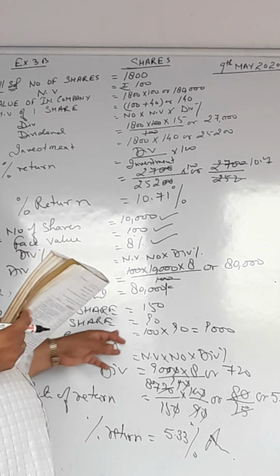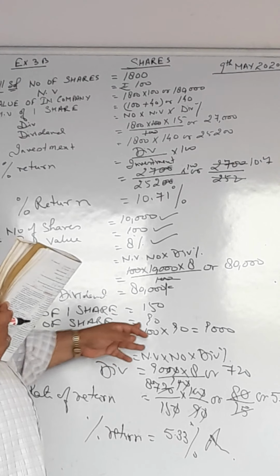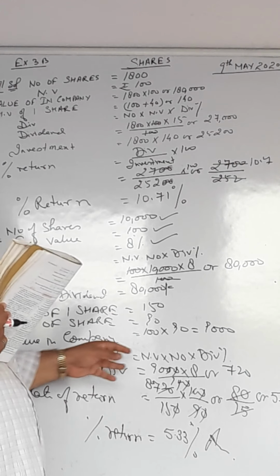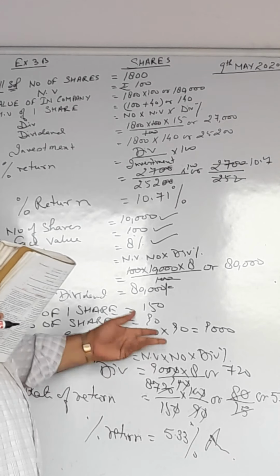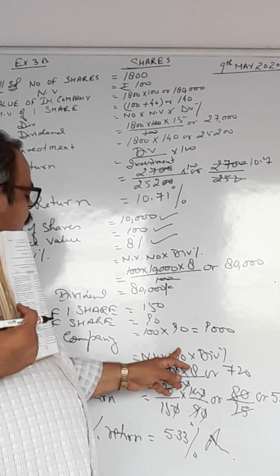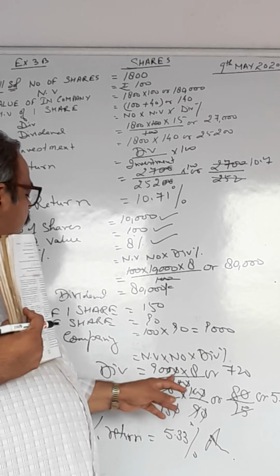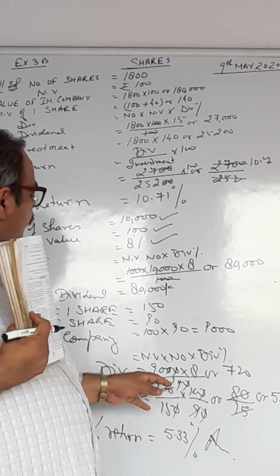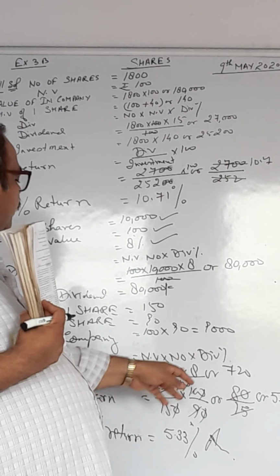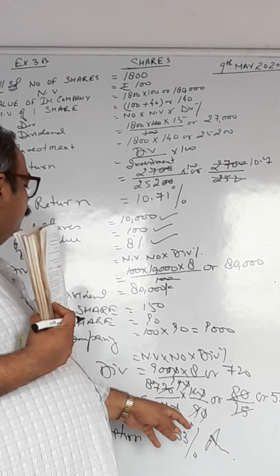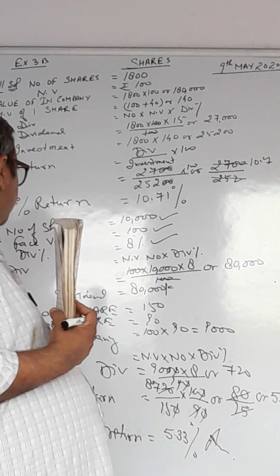Market value is 150, number of shares 90, value in the company 100, initial value was 100 only. So 100 into 90, 9,000 in the company. Dividend: nominal value, number of shares into dividend percent. Nominal, what he has made in the company, 9,000, dividend percent 8, calculating it was found to be 720 rupees.